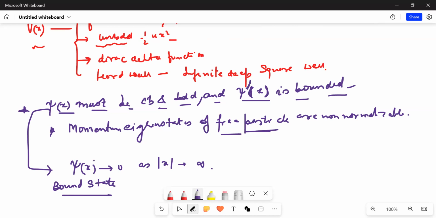Because otherwise the wave function will not be able to get normalized. So we can say that this is a condition for normalizable eigenstate. So for normalizable eigenstate, wave function must be such that it vanishes at plus minus infinity.